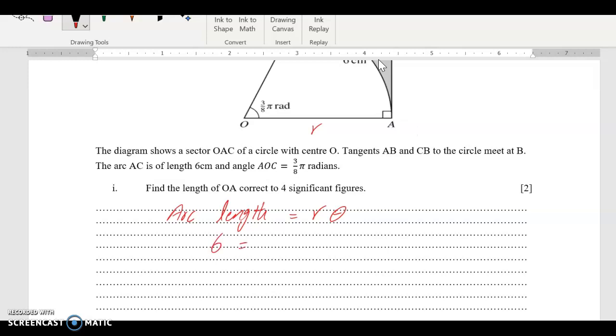So arc length is 6, r we don't know, which is OA, and theta is 3 by 8 pi. So now from here, OA is equal to 6 divided by 3 by 8 pi. So this will give us OA, and this is equal to 5.093 centimeters.